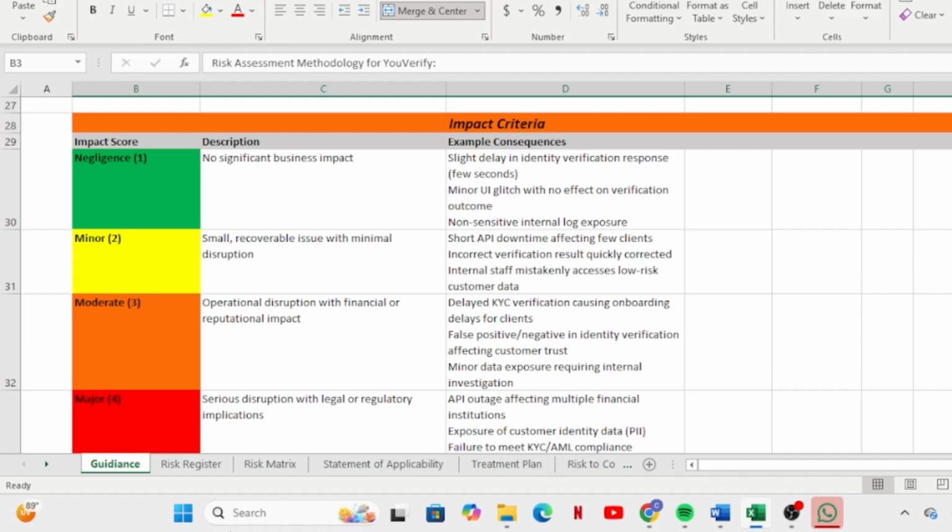I also developed supporting documentation such as a risk register, risk metrics, statement of applicability, and risk treatment plan, and I conducted a phishing awareness simulation aligned with best practices and ISO 27001 principles. I'll now walk through the methodology, findings, and recommendations from my assessment.